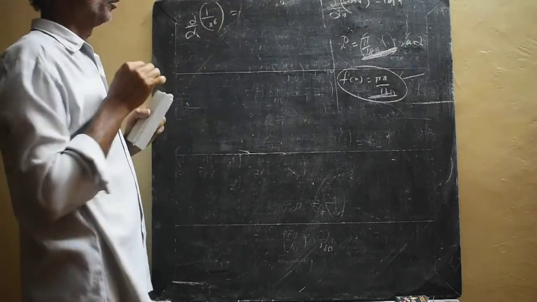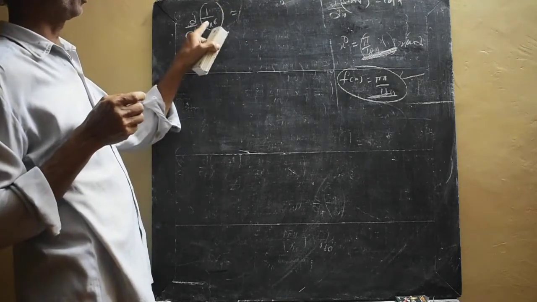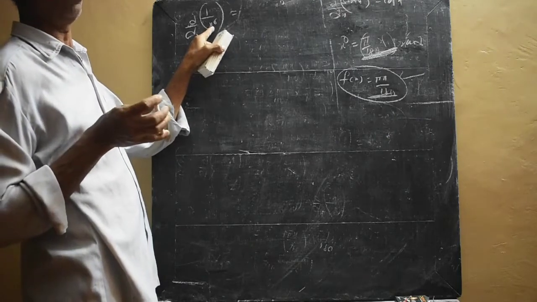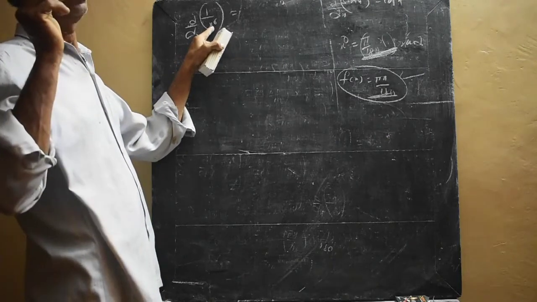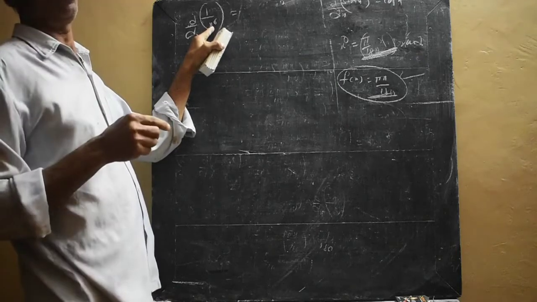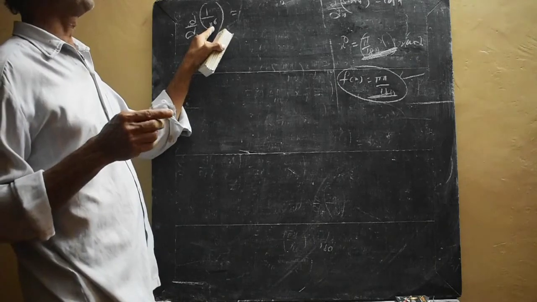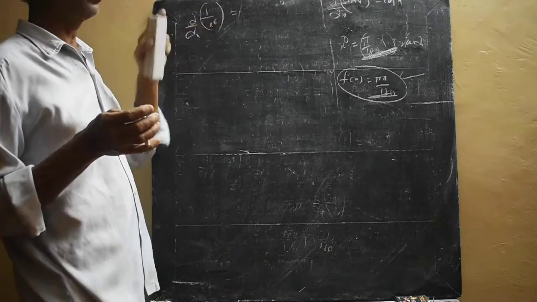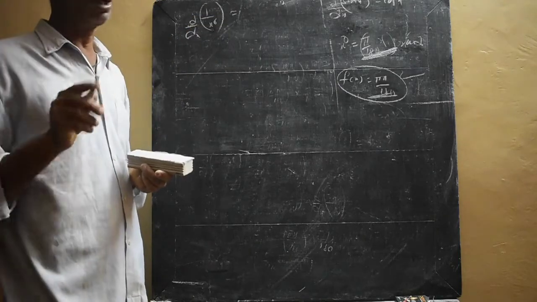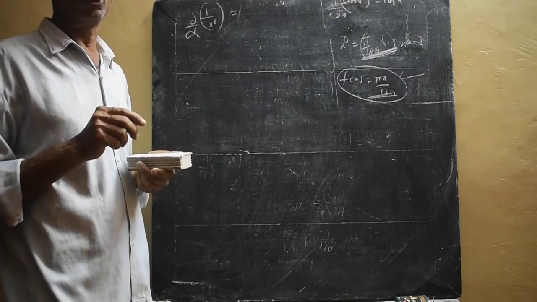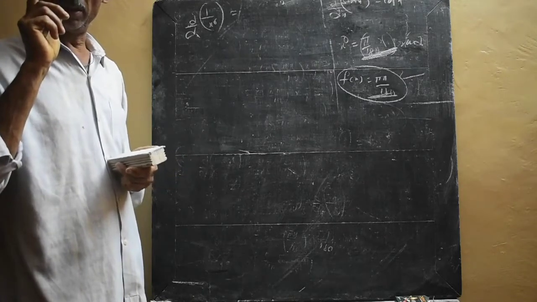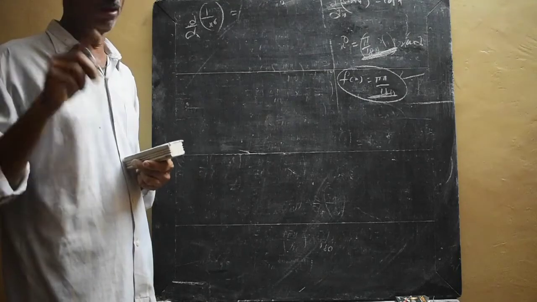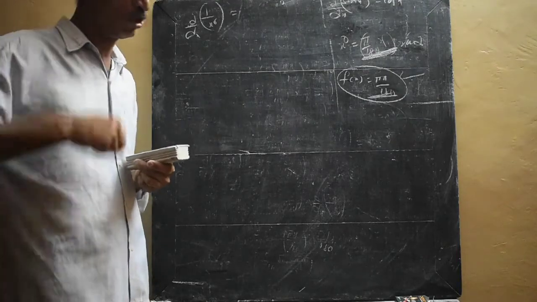Therefore, what we have to do here is convert 1 upon x raised to 6 to x raised to n form, because we know d by dx of x raised to n, which is n into x raised to n minus 1, but not 1 upon x raised to n. That belongs to the category of quotient formula. It is not equal to 1 upon 6 into x raised to 6 minus 1. Absolutely wrong, because the formula n into x raised to n minus 1 is for d by dx of x raised to n, not for d by dx of 1 upon x raised to n.